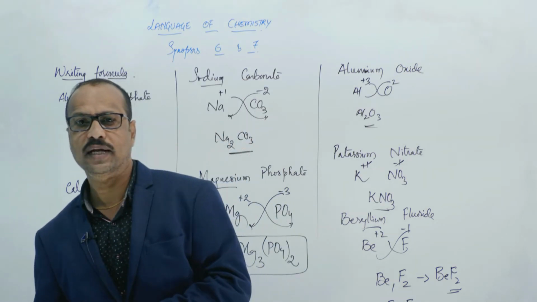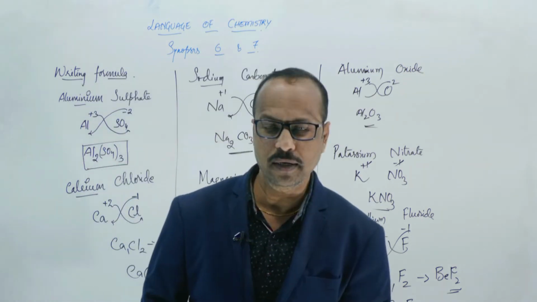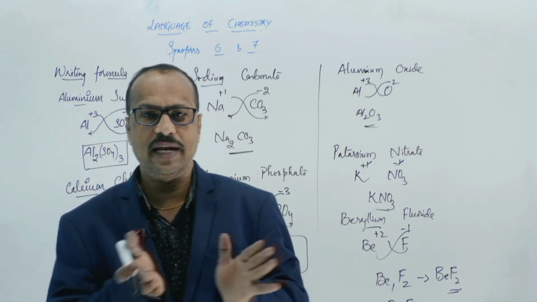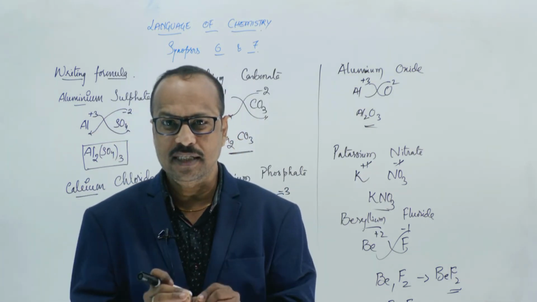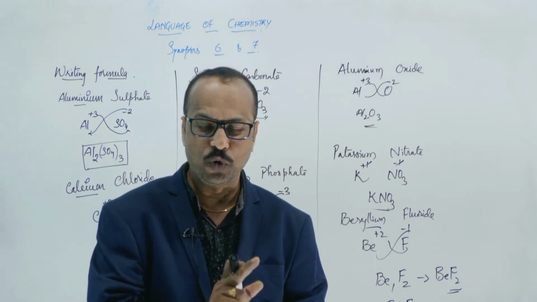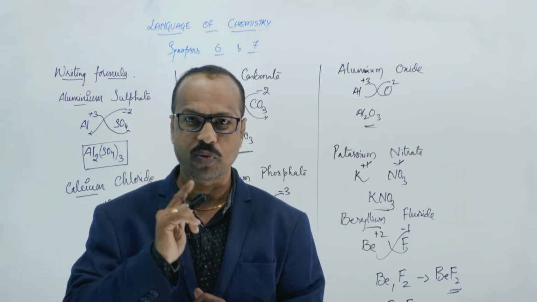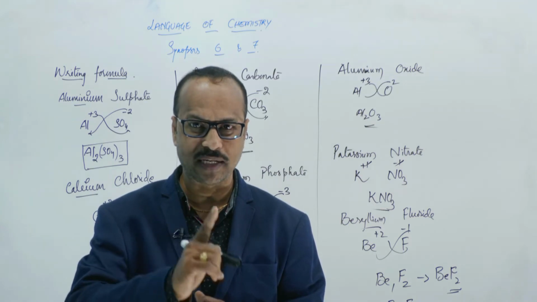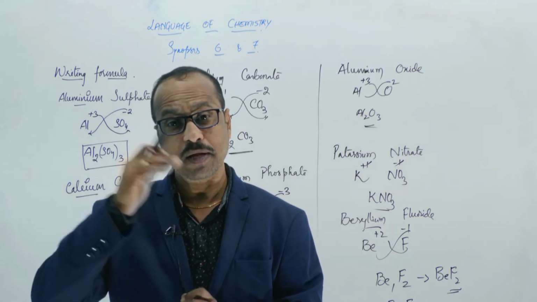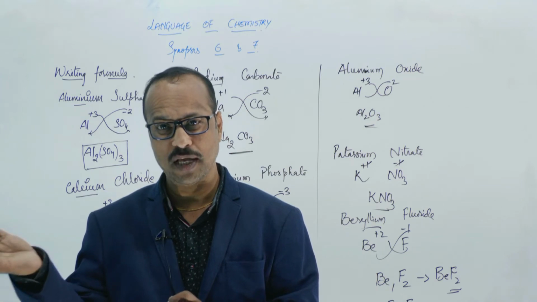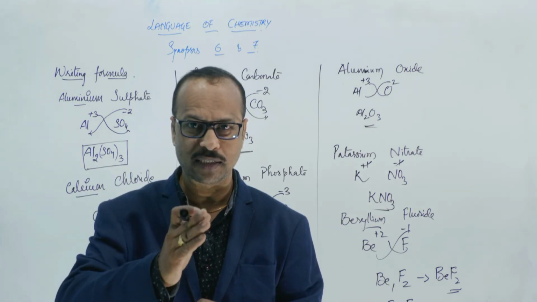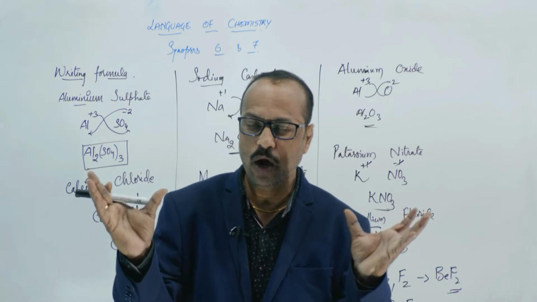So like this, you have to write the formulas for compounds. To write the formulas, first you should learn the cations and anions, which we already discussed in synopsis 4 and synopsis 5. There are so many cations with valency 1, 2, 3, 4. Similarly, there are so many anions with valency 1, 2, 3, 4.